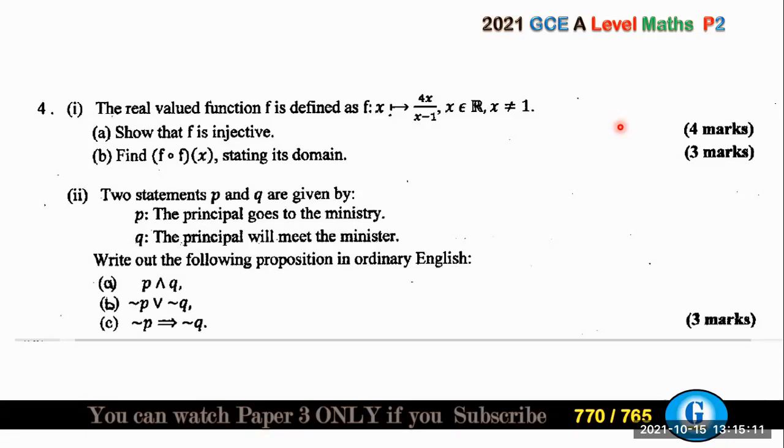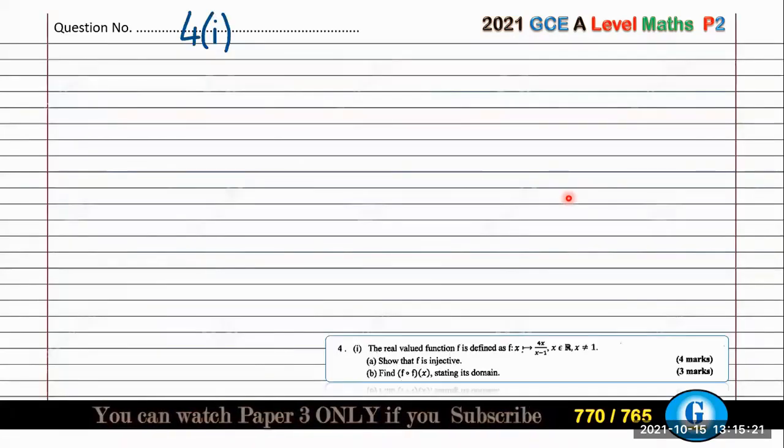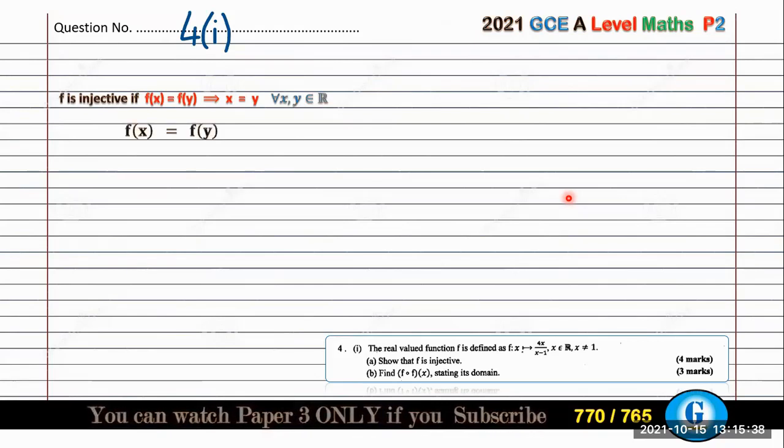So a function is injective if what happens? A function is injective if f of x equals f of y implies x equals y, for every x and y an element of the set of real numbers. So f of x equals f of y implies 4x over (x minus 1) is equal to 4y over (y minus 1).